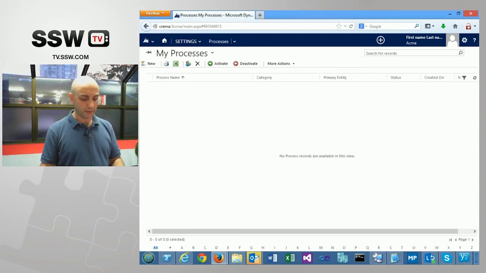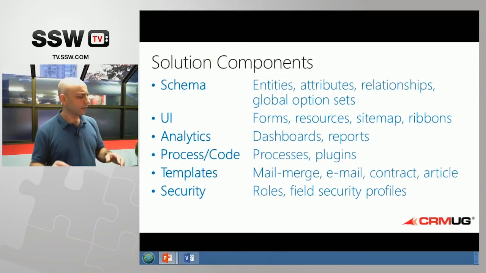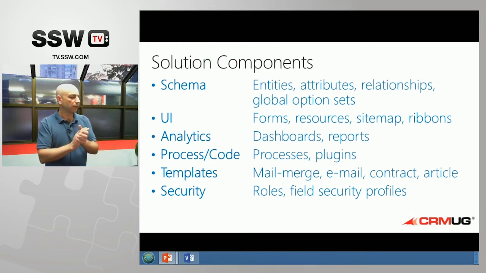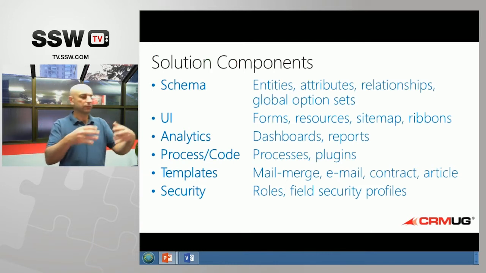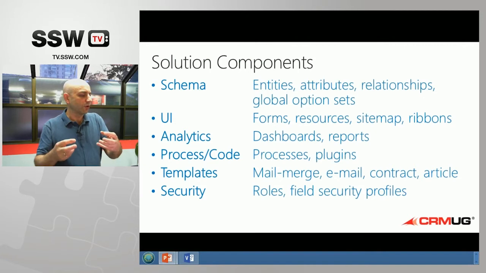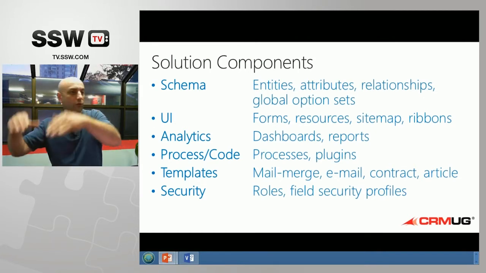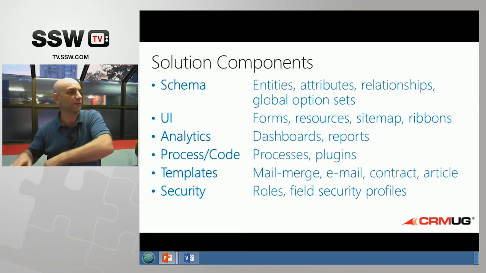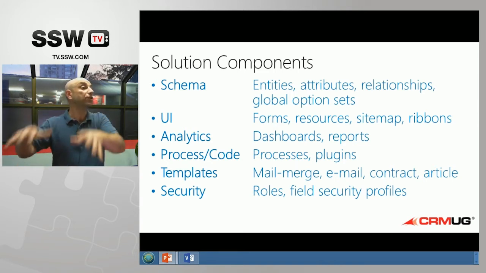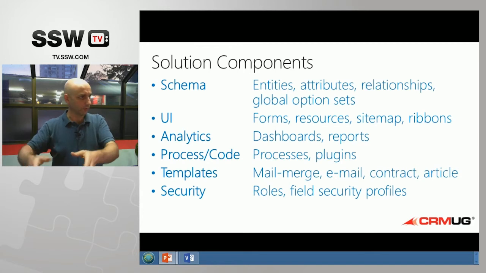So anyway, let's go back to the presentation. So there are different components, right? There is schema. There are entities, attributes, relationships, option sets, which are pick lists. Like gender could be a pick list, you know, male, female, undefined, whatever. Could be industry codes, for example. It's a standard or list of countries.